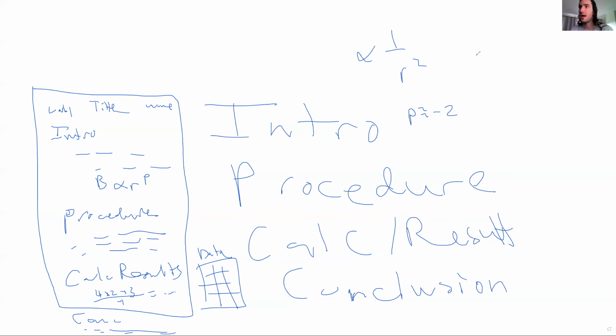An abstract is a complete summary of the report, and usually comes before an introduction. So I usually require an introduction, not an abstract. In an abstract, you can report some of your results, but in an introduction, usually you just put the theory behind the lab. So I'm okay with that. If you want to do an abstract for this first lab, that's fine.